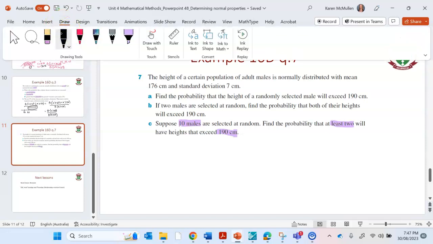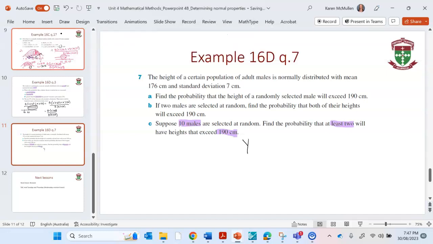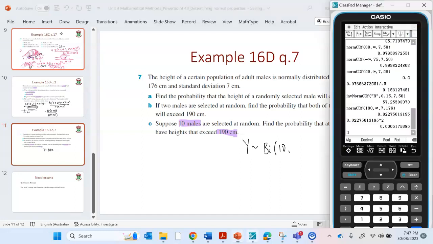So now we're looking at the binomial distribution, and I might use Y just because we may have used X to do the normal distribution. So here we've got n equals 10, and our probability of success, what did we get? 0.02275.